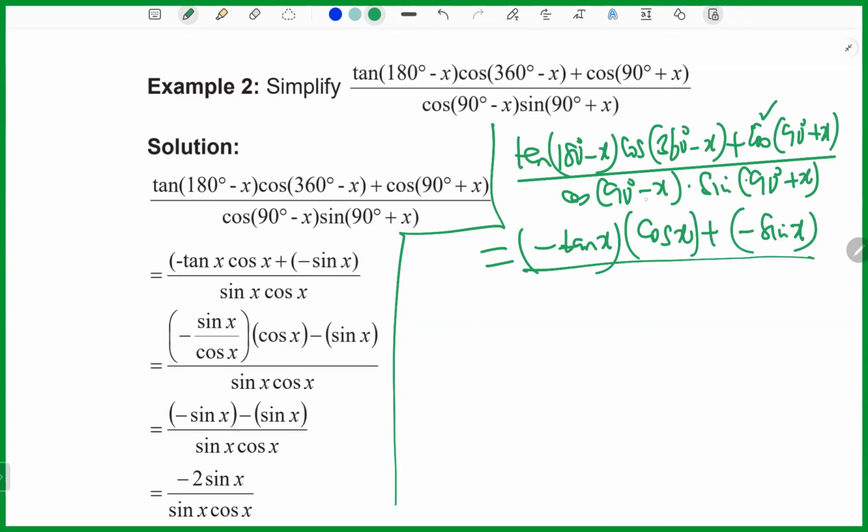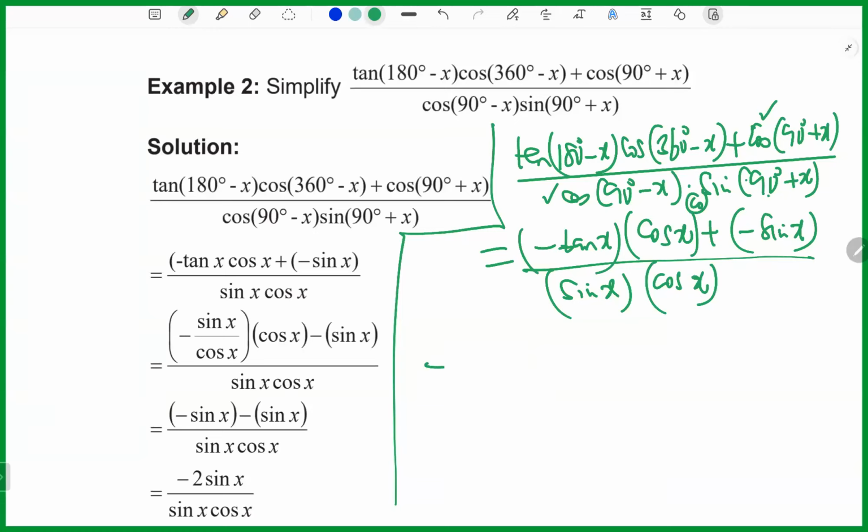90 minus is in the first quadrant, where all trigonometric functions are positive. The result is going to be positive, but by the co-rule, at 90 degrees you remove the co, and we're left with sine, but everything is positive. 90 degrees plus is in the second quadrant, where the sine is positive, but because of the 90 degrees, you put on a co, and it becomes the cosine of x.